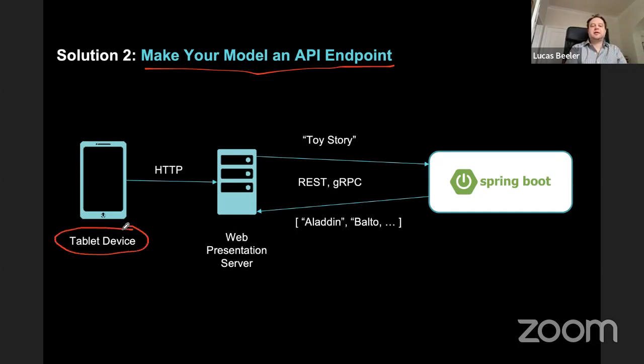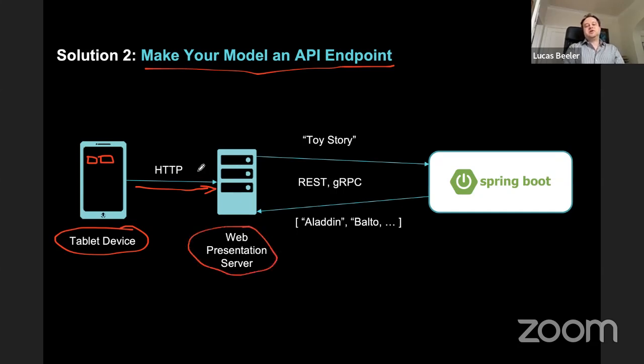There's a user on a tablet device that's browsing their movies for our streaming service, BOSS. And the actual UI here on the tablet device is populated by simply HTTP requests to a web presentation server.